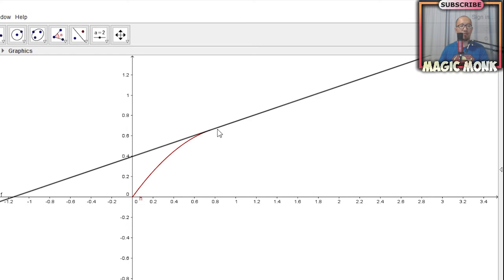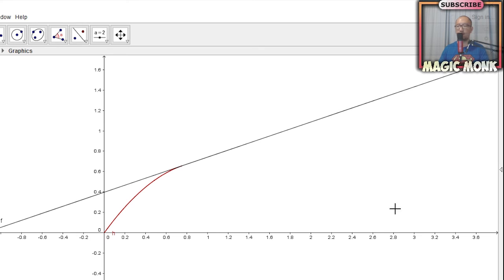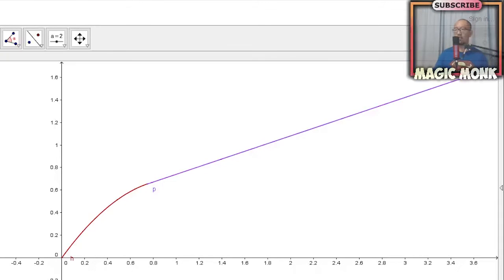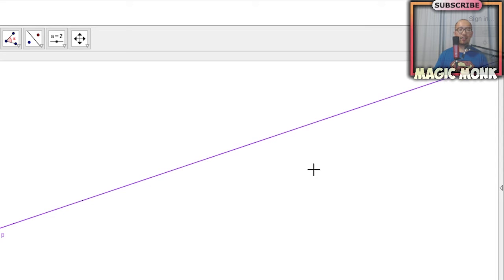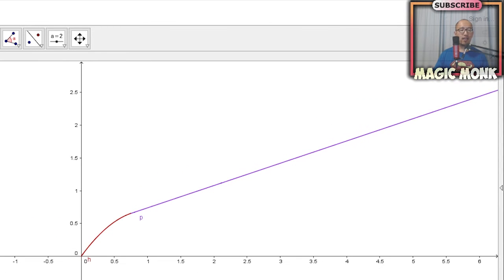Okay, I'm just going to set a domain of 0.75 onwards so you can see it better. So the purple line is the tangent to the red line at x equals 0.75, and basically it's the path of the discus after it is thrown, so it keeps traveling in this direction. And then what does the question say?